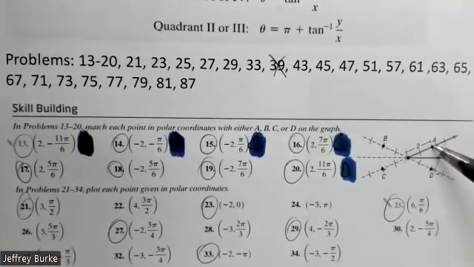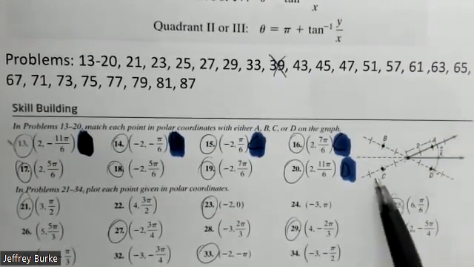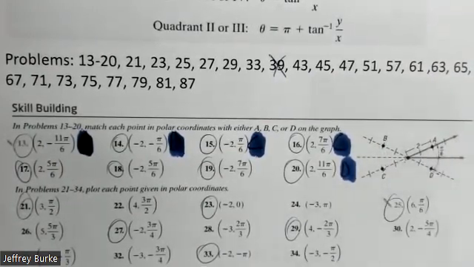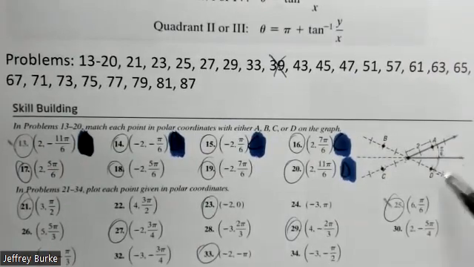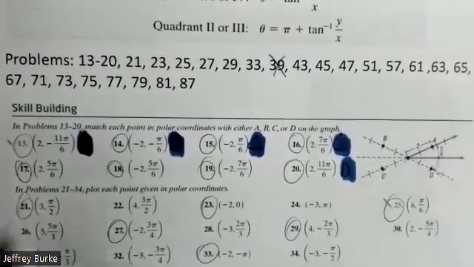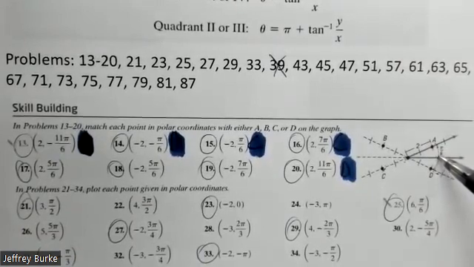Now, you see here they have these little ticks. You can almost think of these ticks like a number line. Wherever we measure the angle from, that's where it's positive. If we go the other way, that's going to be negative. So let's take a look at 2, negative 11 pi over 6.